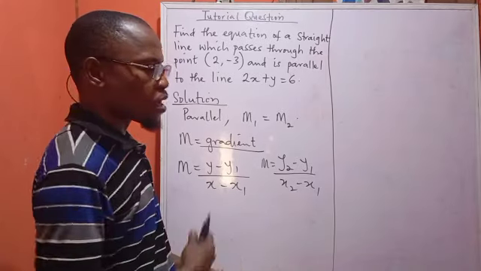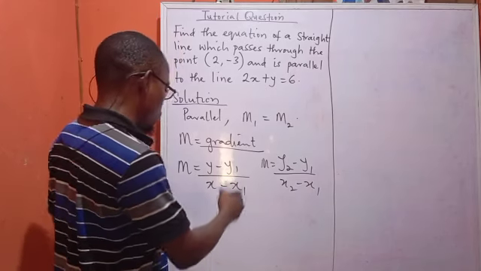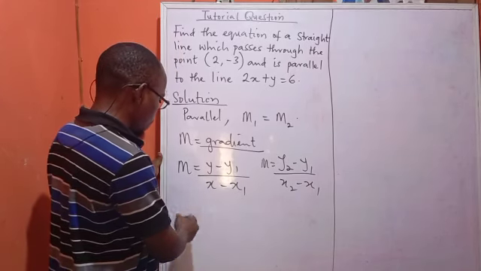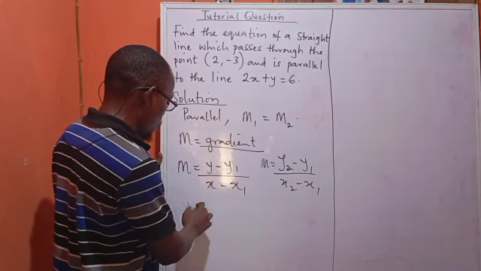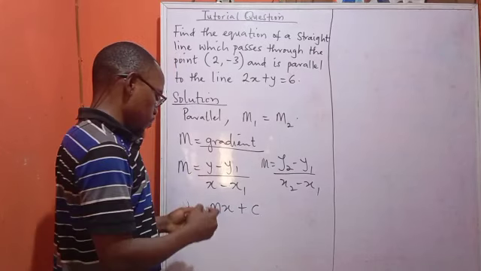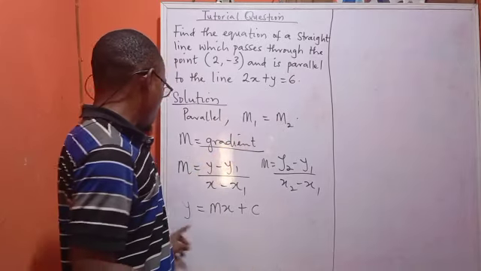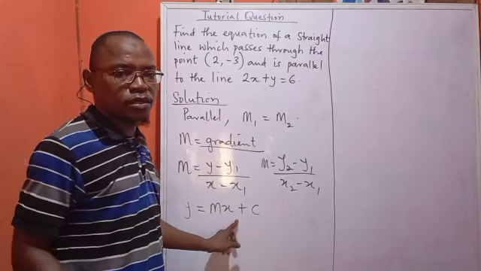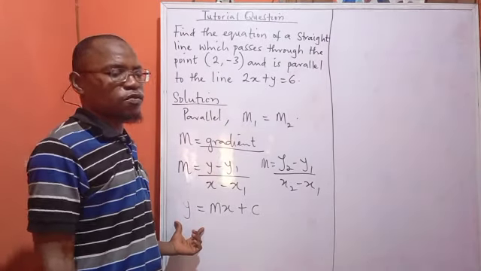We can also use another way of finding gradients, which is from the equation of a straight line, y equals mx plus c. So if we are given an equation like this one, you make y the subject of the formula.